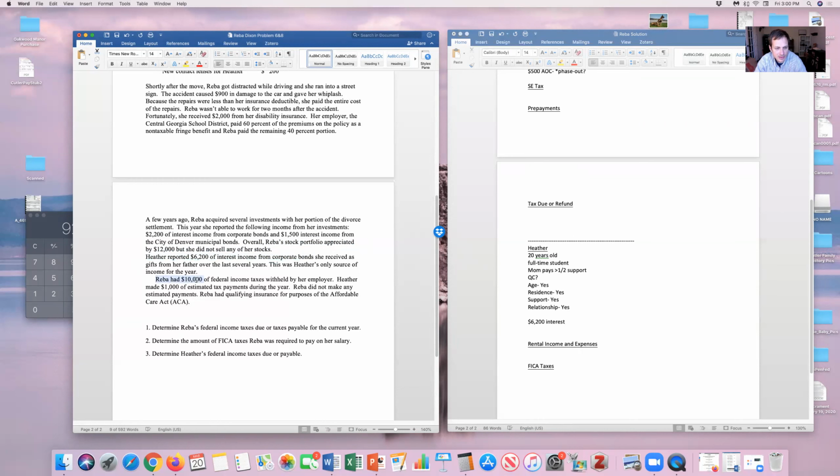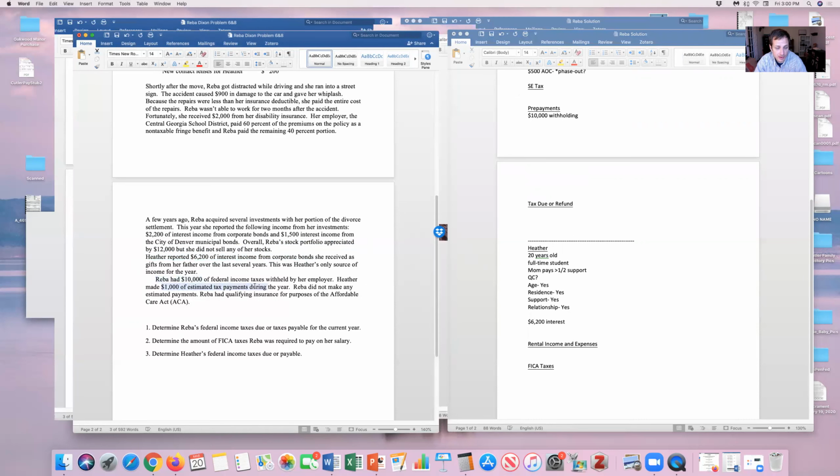Reba had $10,000 of federal income taxes withheld by her employer. Nice round number there. Withholding goes under prepayments. Heather made $1,000 of estimated tax payments during the year related to her interest.